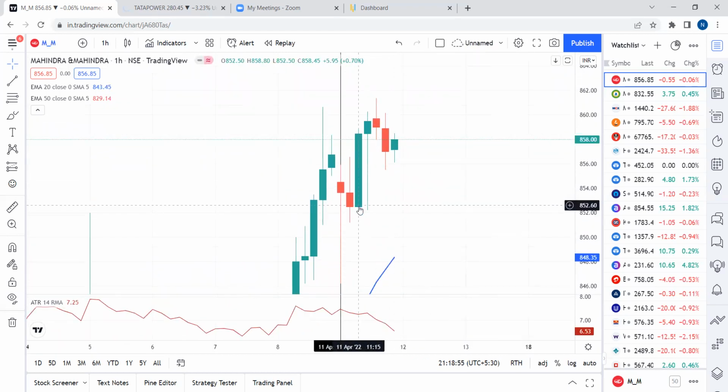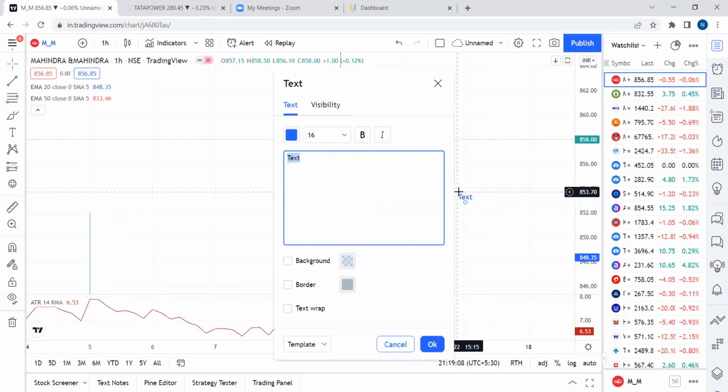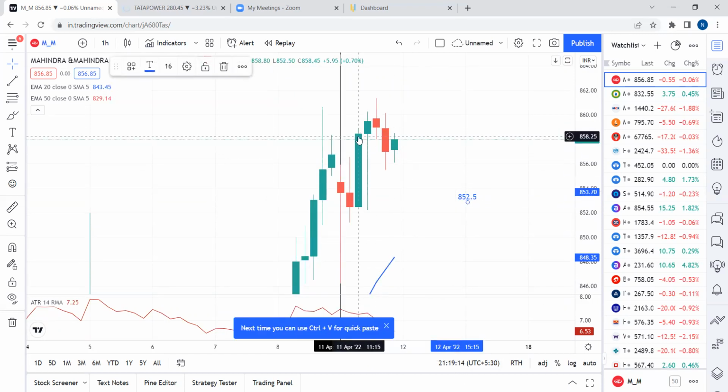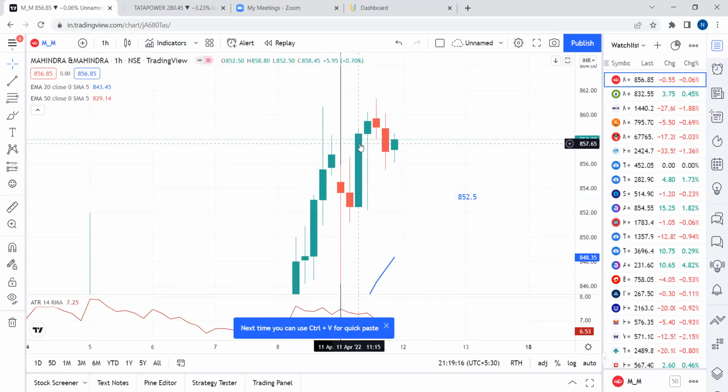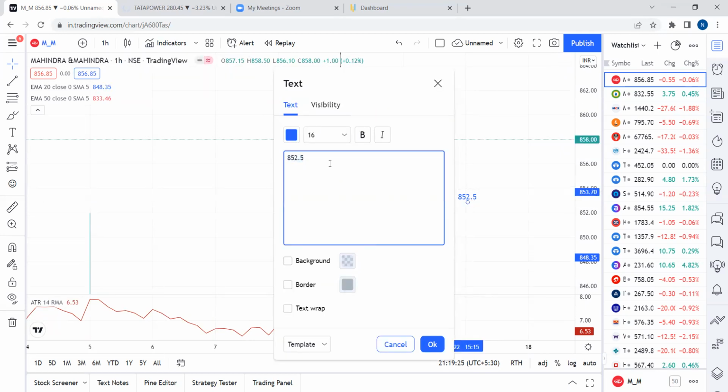What is the value when the candle begins? 852.5 open. 852.5, correct? Understanding? Now, where is the high of this candle? What is the value of the high of this candle? 858.8. Read from here. 858.8.